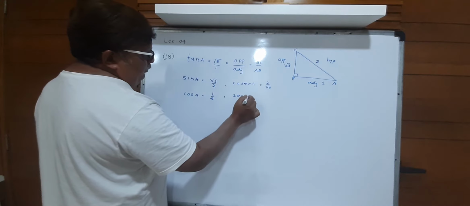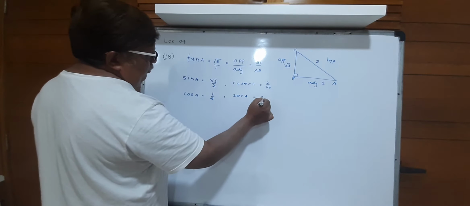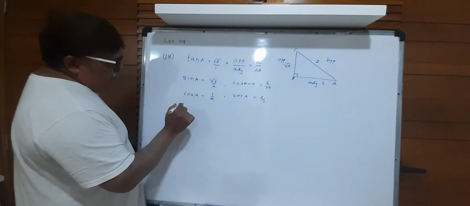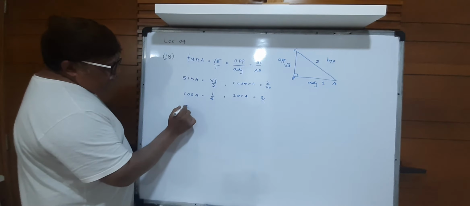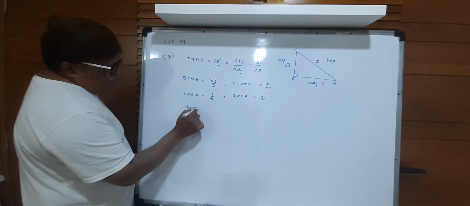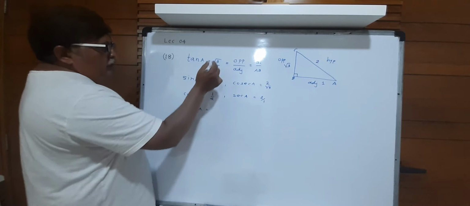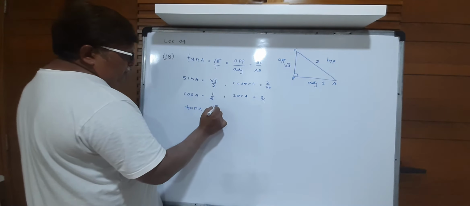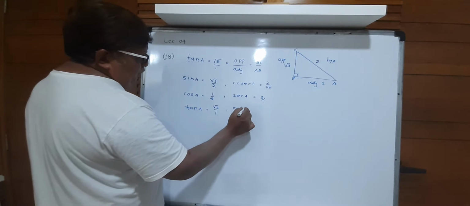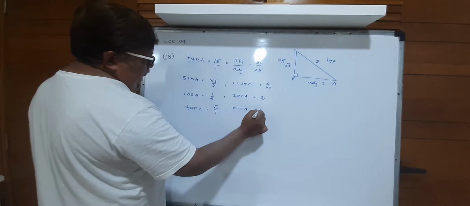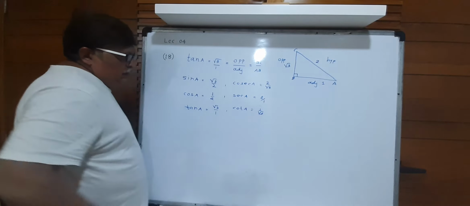Sec A, just the reverse, 2 upon 1, ultimately 2 only. Then, as you know, tan A, that has already been given, and cot A, just reciprocalize it, 1 upon root 3.